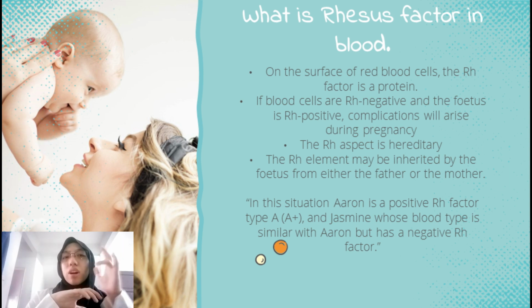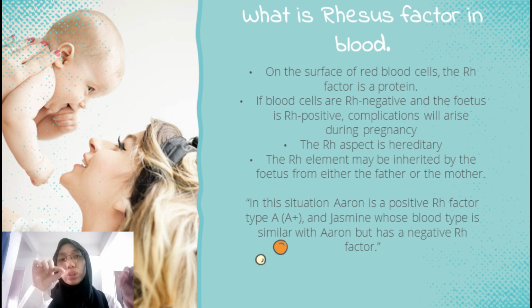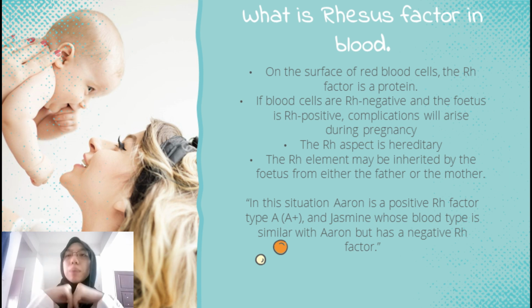If the mother is Rh negative and the fetus is Rh positive, complications will arise during pregnancy, but these issues can be managed through treatment. The Rh factor is hereditary, which means it is passed down through generations. For example, in this situation, Aaron is blood type A Rh positive and Jasmine is blood type A Rh negative.